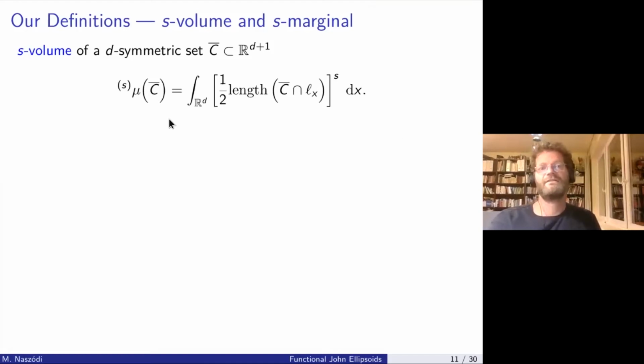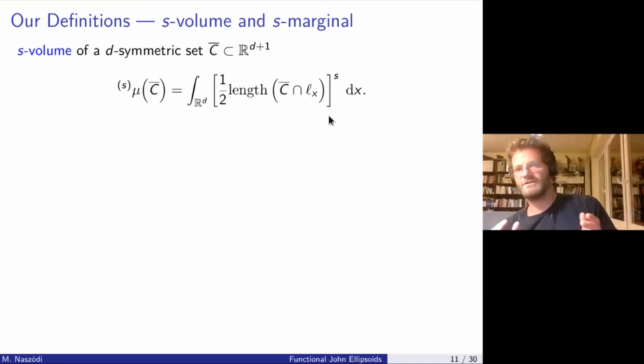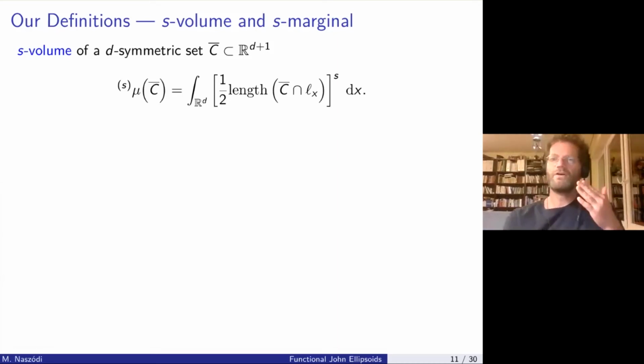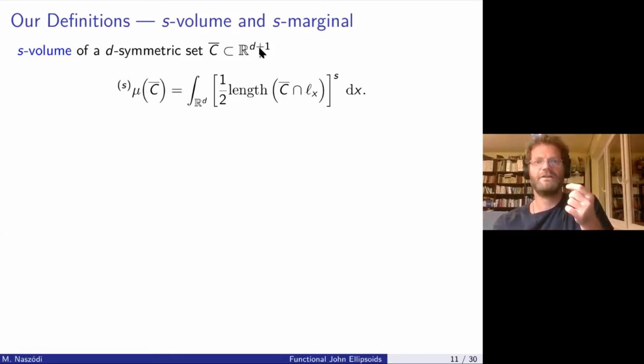So I define this thing, and I will call it the S volume of a d-symmetric set. The idea of this definition is that I think of the last coordinate in R^(d+1) as really encoding s coordinates.